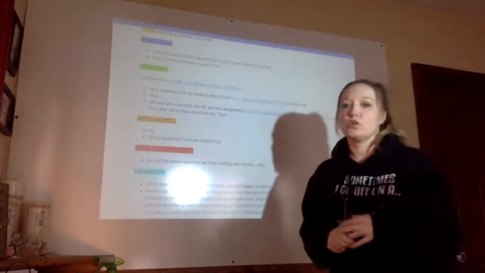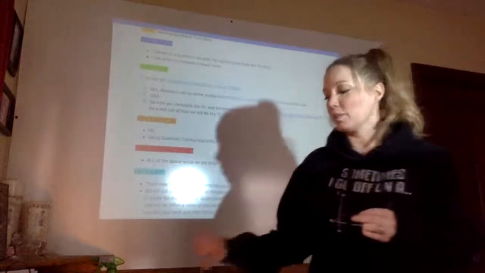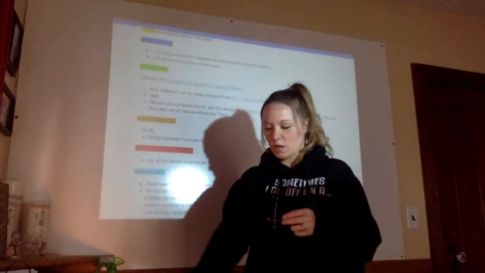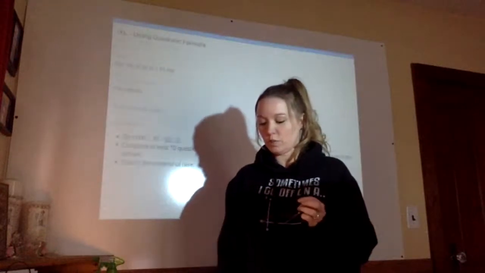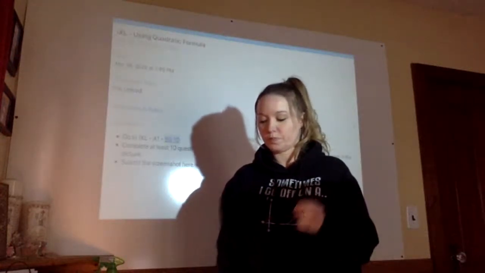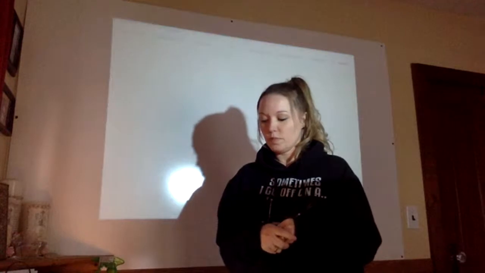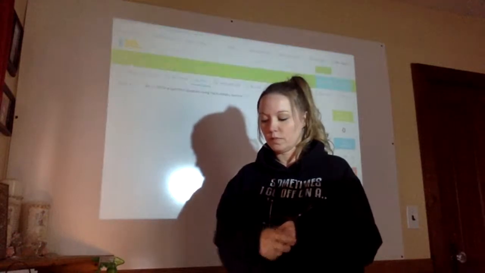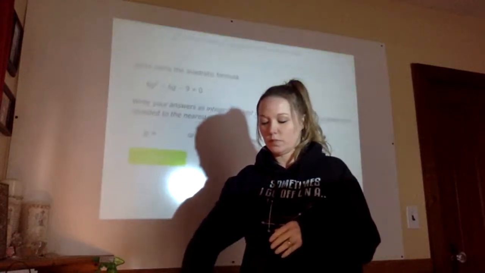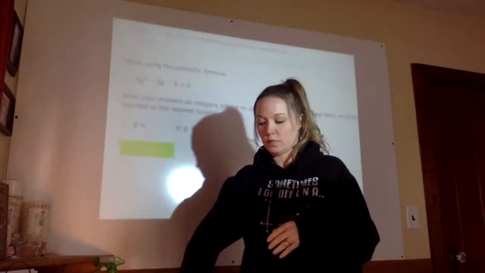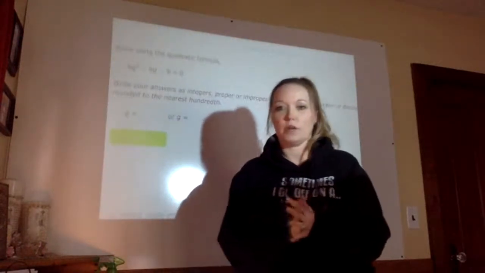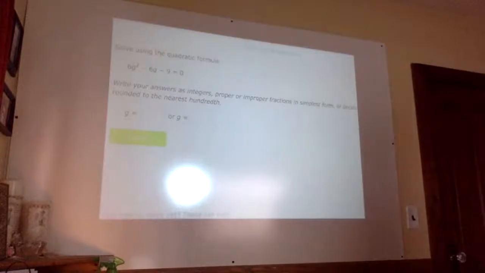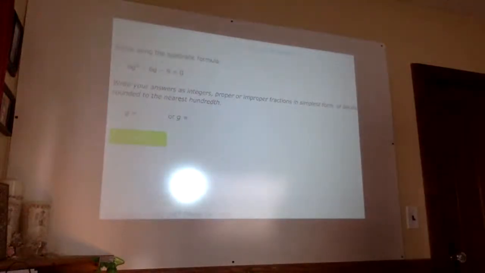Okay, so I'm going to go ahead and click on the IXL so I can do some practice problems for you. First of all, it says solve using the quadratic formula.